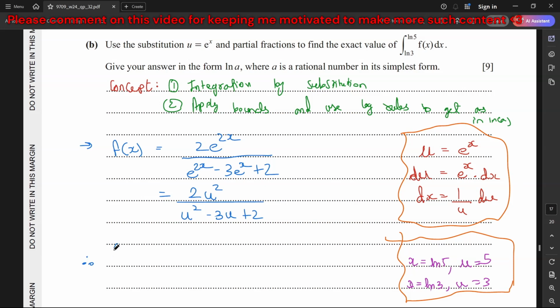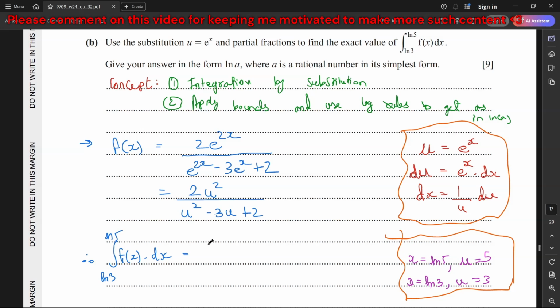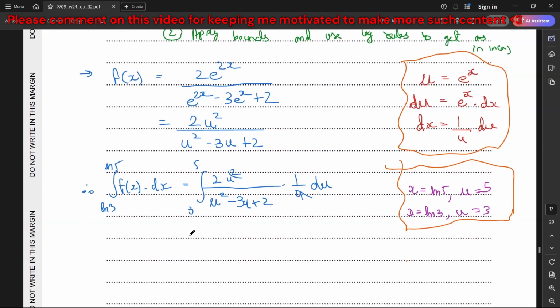Therefore, if I want to integrate f of x dx from ln 3 to ln 5 in terms of u, it is going to become the integration from 3 to 5 of 2u² divided by u² minus 3u plus 2 into dx, but dx is now 1/u du, so into 1/u du, and this u gets cancelled out, and I'm left with the integration of 2u divided by u² minus 3u plus 2 du.